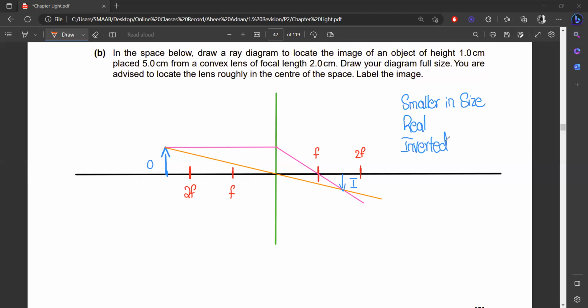So this is the concept to draw the image with exact or accurate measurement given in the question, right?